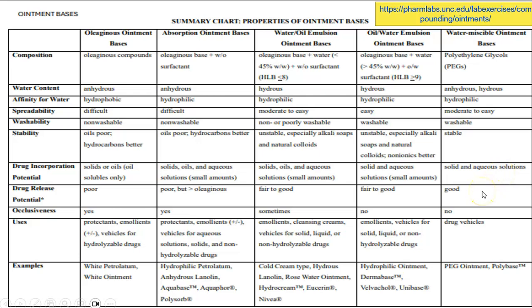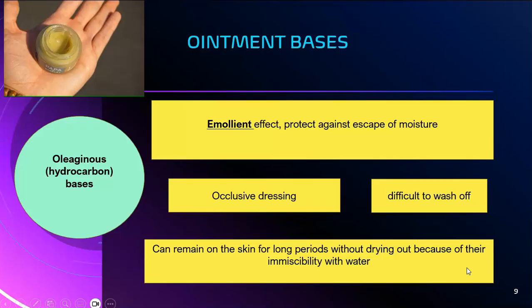The release profile of the drug from the base is good. It's not occlusive, which means it does not block the pores of the skin. It's typically used as a vehicle, and an example is polyethylene glycol. Now go to the website so you can see the original table for better clarity.